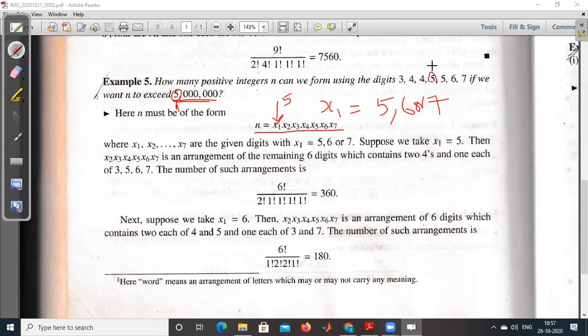I have fixed the first 5 here. So how many different possible numbers do we get? Remaining are 6 digits, so 6 factorial by 2 factorial, as 4 is repeated 2 times, and the remaining elements are repeated only 1 time. So we got 360.